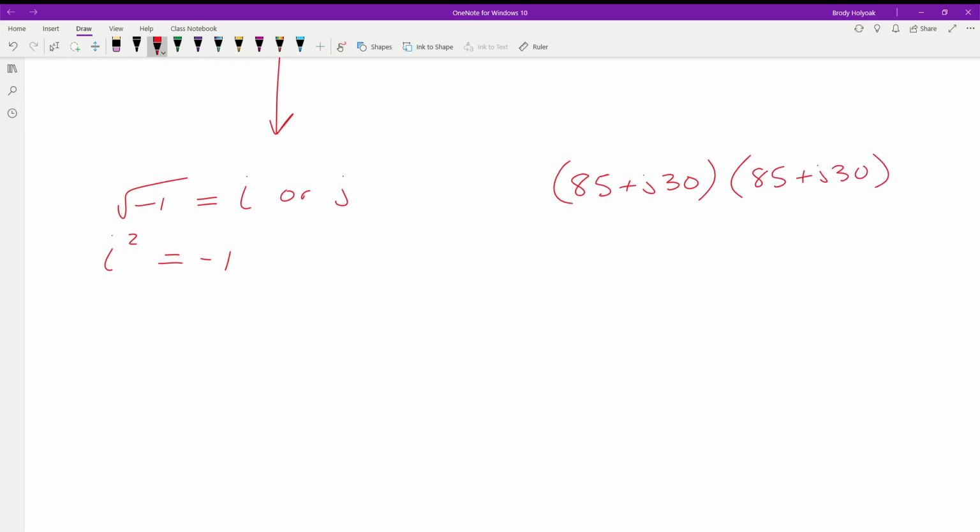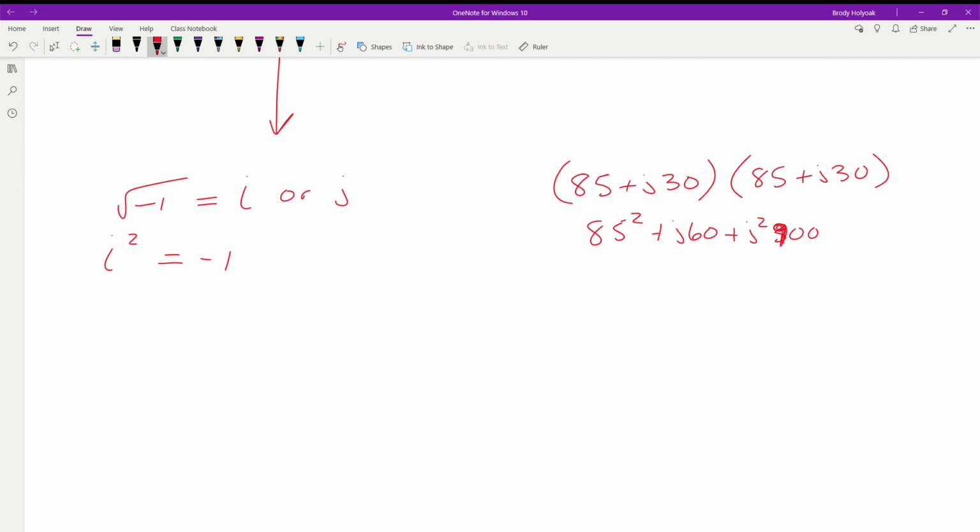go through this. So now what we're going to talk about is understanding some of these bases, because we're going to get them when we simplify them down. So this would be 85 squared plus j of 60 plus j squared times 900, whatever it is. Okay?